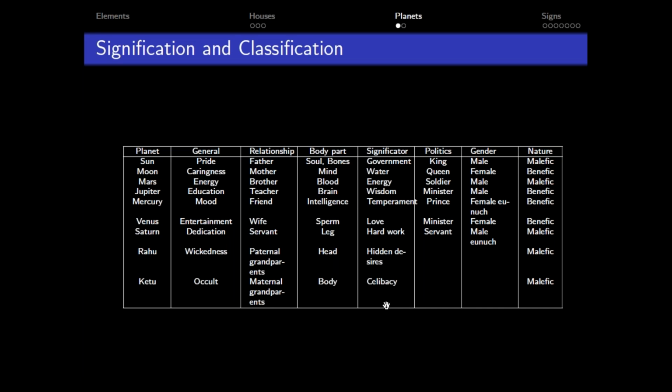For example, Rahu and Ketu, these two planets are always retrograde. Moon and Sun, these two planets are always in direct motion. While Mars, Jupiter, Mercury, Venus, and Saturn, these five planets can be direct or retrograde depending on the position of the Sun.